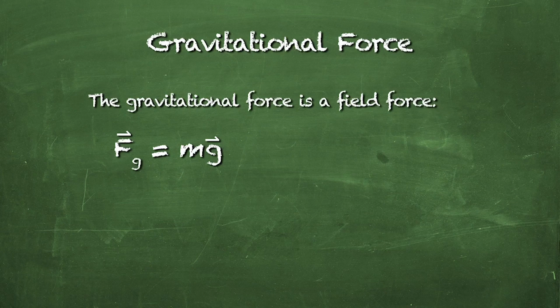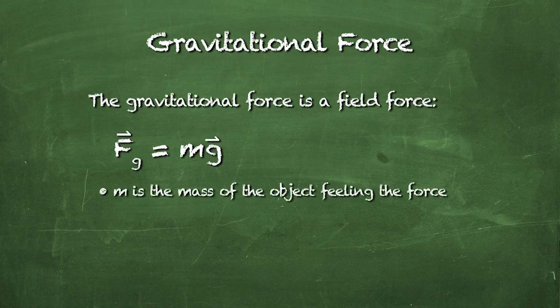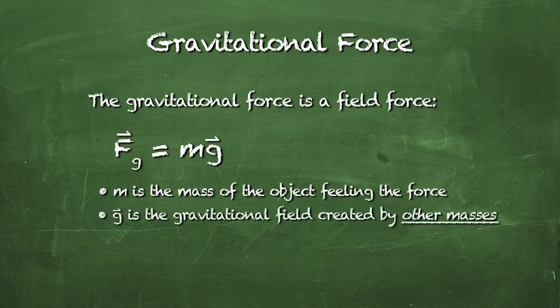So F vector sub g is equal to m times g vector, where m is the mass of the object feeling the force, g is a gravitational field created by all other masses, in this case the Earth, and g has units of newtons per kilogram. So that would be newtons of force per kilogram of mass in the object feeling the force.